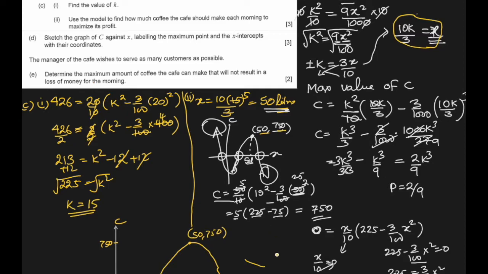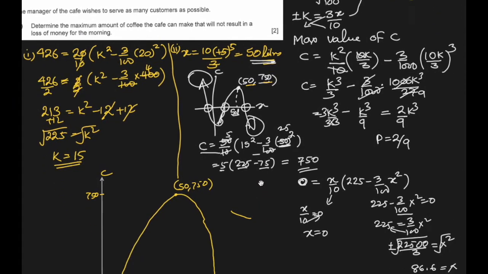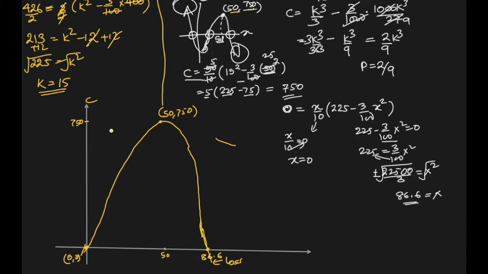So they want the maximum. The area above the x-axis shows profit only, and loss starts here. That means this is the amount of coffee that will give an even amount, meaning whatever the investment is, that is the earning: no profit, no loss at 86.6 liters.